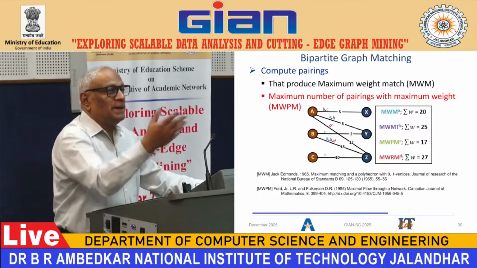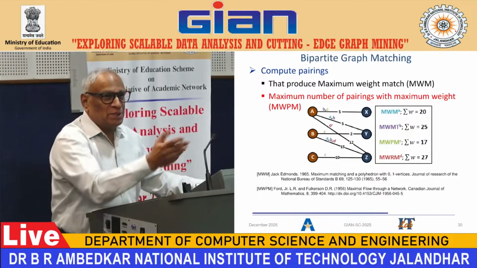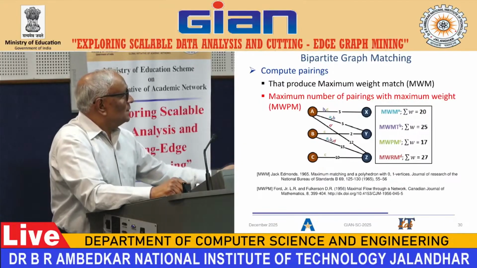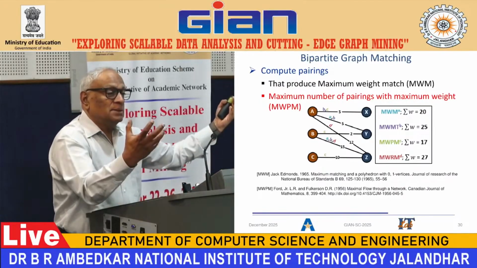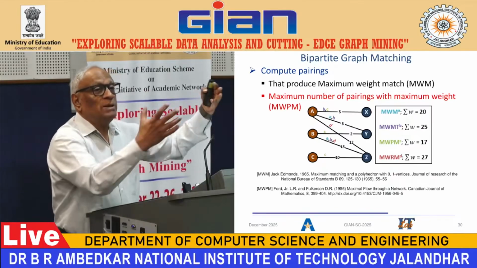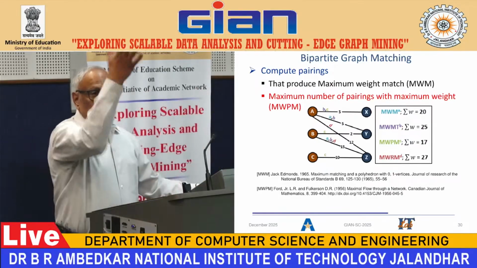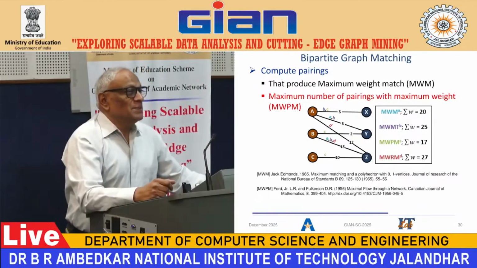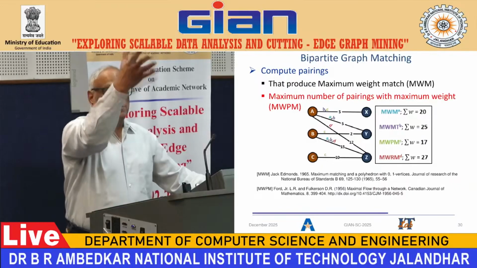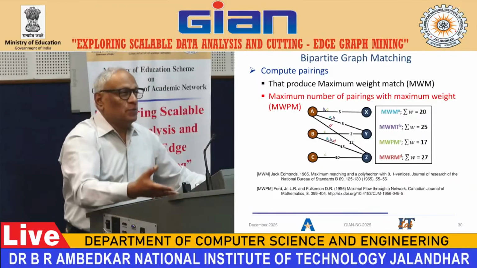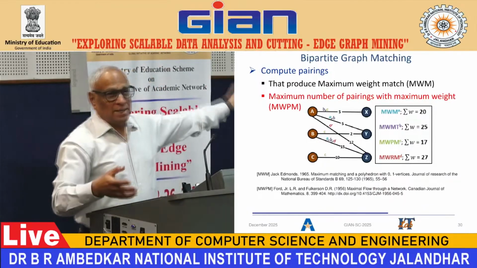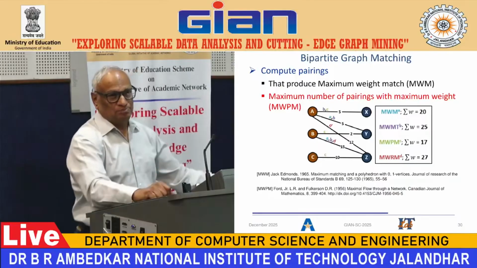If you understand Tinder better than bipartite graphs, which I think you do, you can think of this as one group of people, another group, and these numbers as likings or how they match with each other. Remember in Tinder or Shaadi.com, they have a list of properties, 20 different characteristics, and you say I like this, I like this, I like this, then they take the same list from the other person and match.